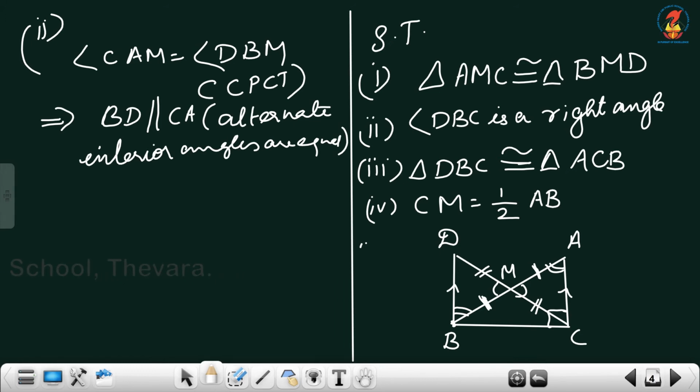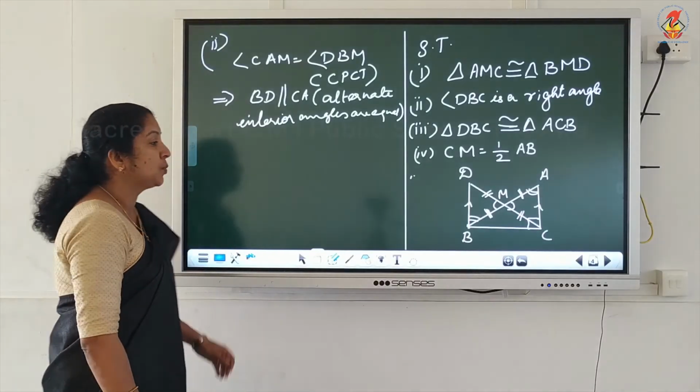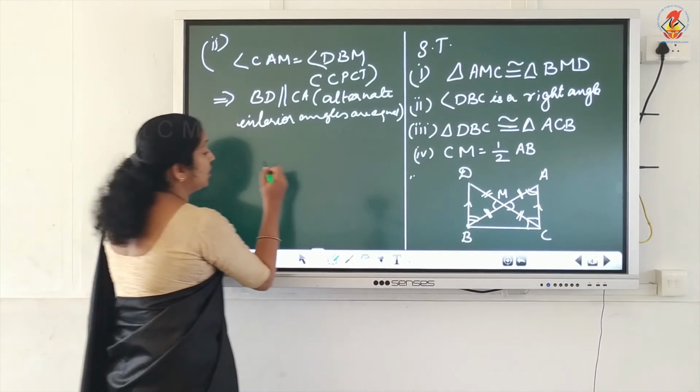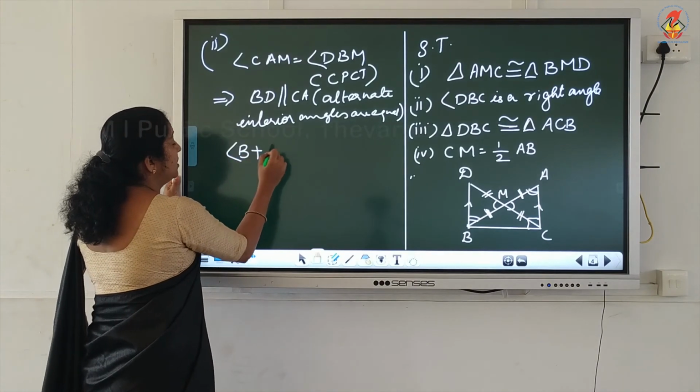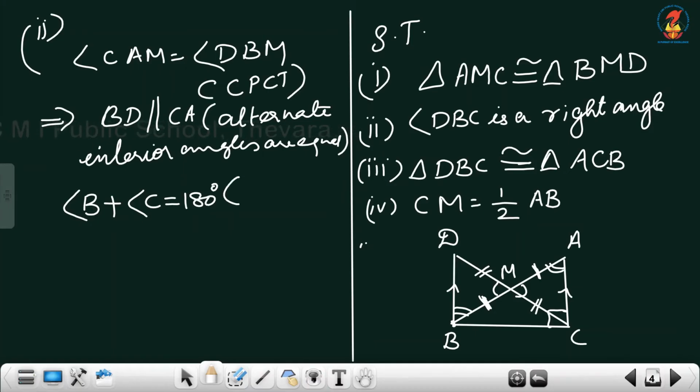Angle CAM is equal to angle DBM using CPCT, but these two act as alternate interior angles because AB is a transversal. So, BD is parallel to CA. After proving the parallel condition, what we can say is B and C are interior angles on the same side of the transversal. Here we are taking BC as the transversal. Angle B plus angle C is equal to 180 degree.